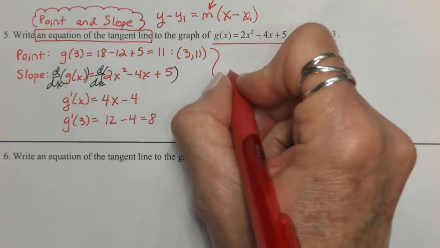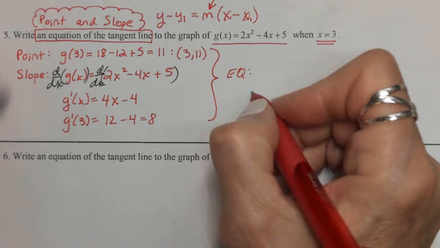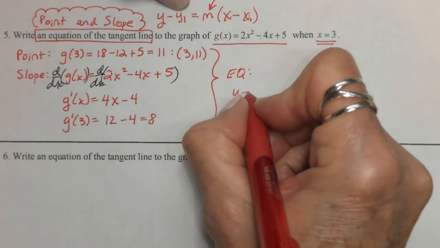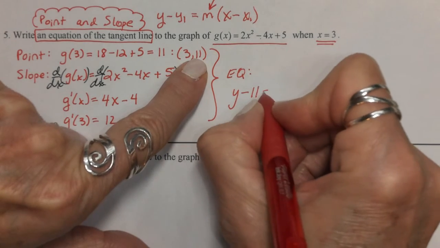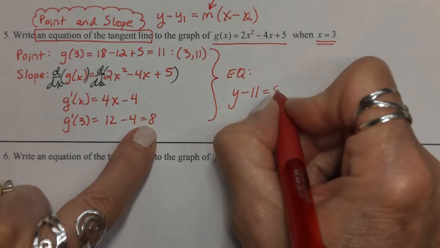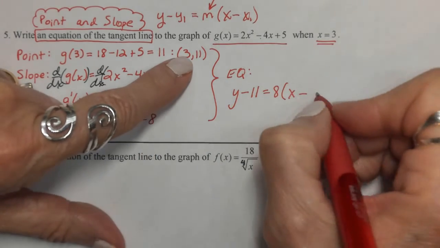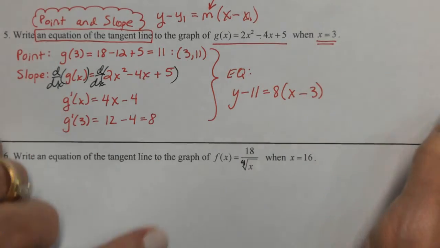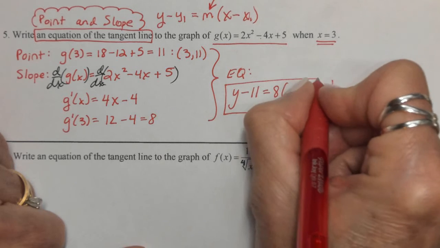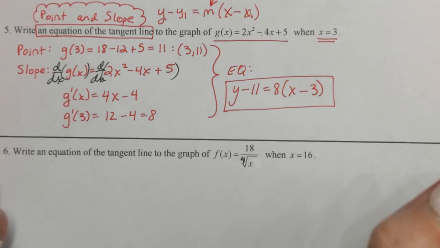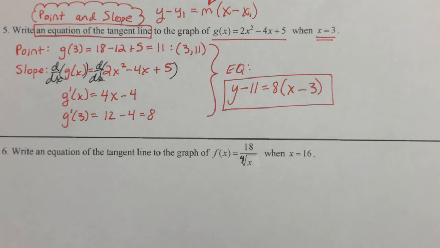Once we get those, we can write the equation of the tangent line using this formula. y minus the y value of your point is equal to the slope times x minus the x value of your point. This is the equation of the tangent line, and we leave it just like that, unless it's a multiple choice question and they have it in a different form. Okay?